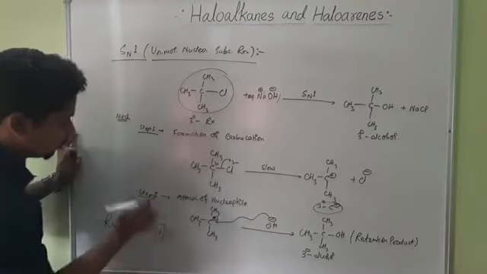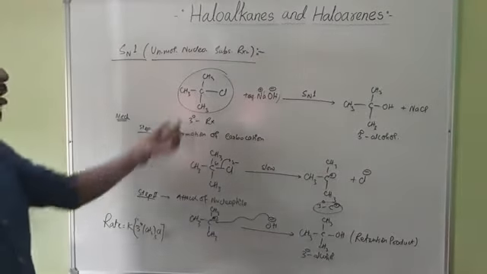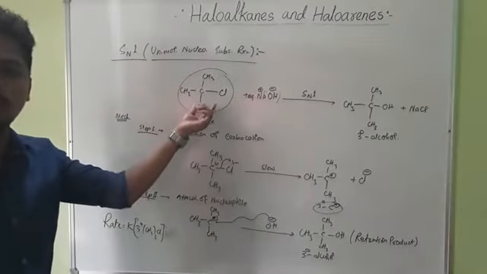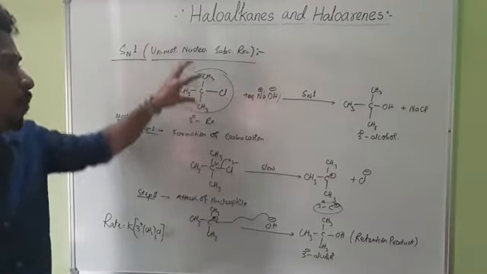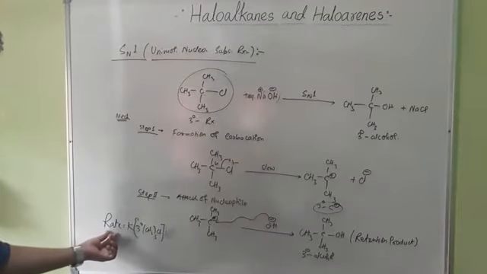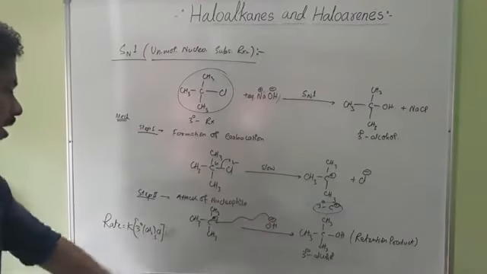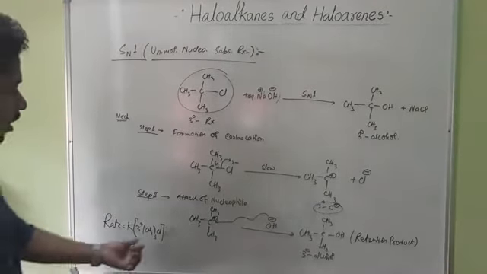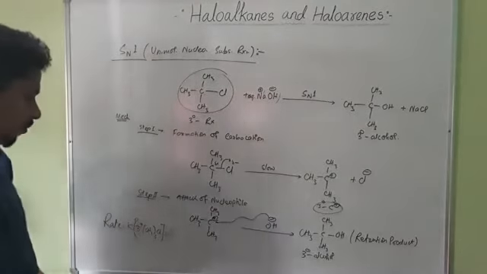Since it is a unimolecular nucleophilic substitution reaction, the rate will depend only upon this 3 degree alkyl halide. So the rate is equal to K into 3 degree (CH3)3CCl, RX.